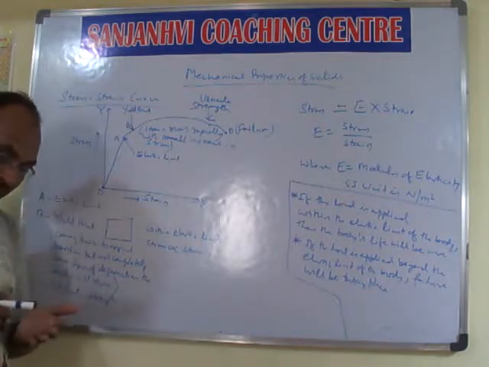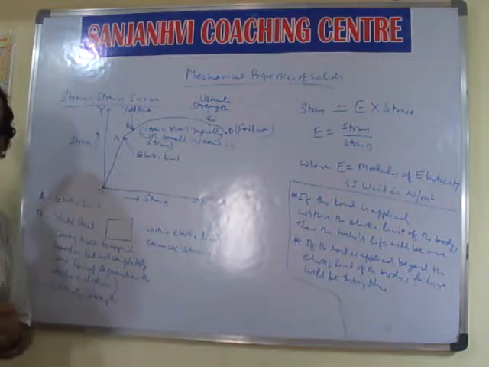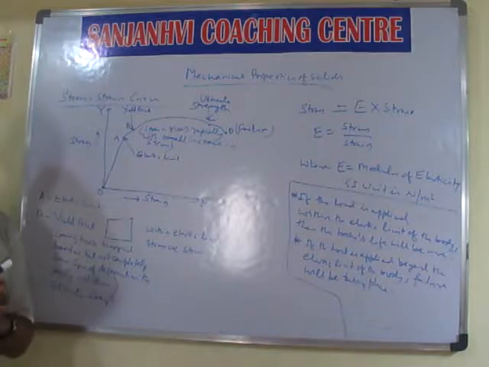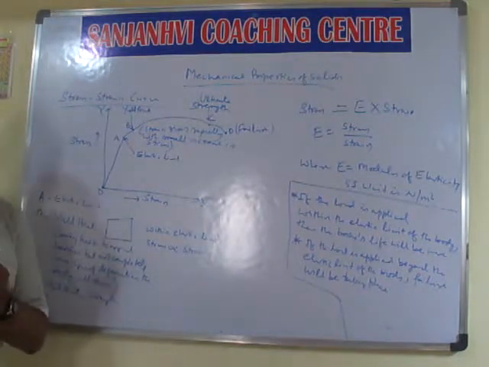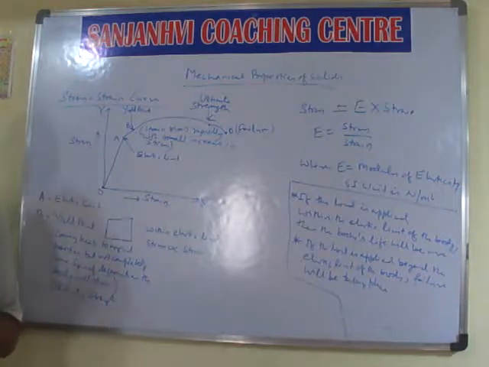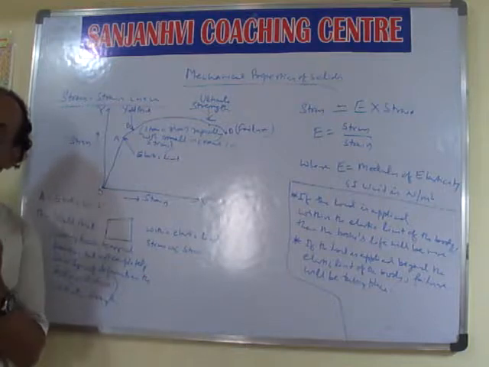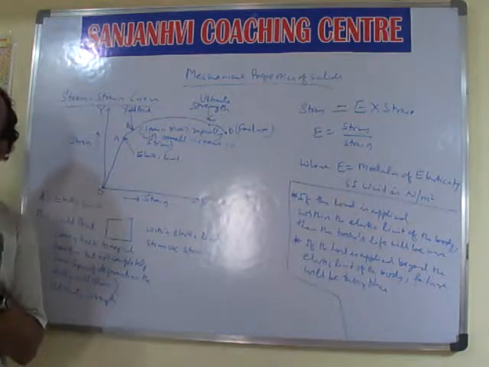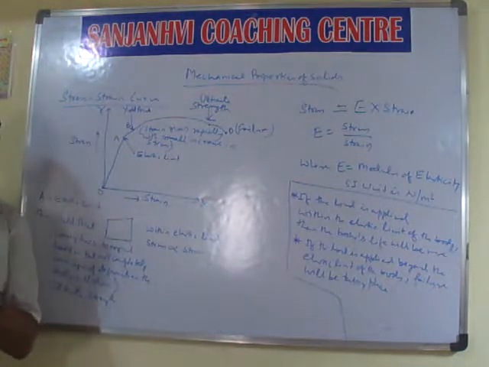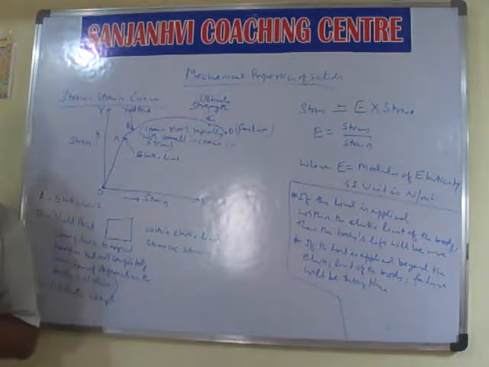Right? So like some overbridges and other things are made. When it is made new, the problem is not there. Within the elastic limit, the body is loaded very well. Correct, I agree. But what happens in due course of time, that particular load is kept permanently for a longer time, though it is within elastic limit.